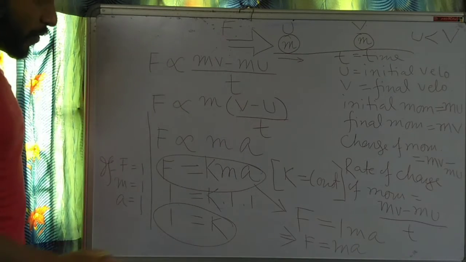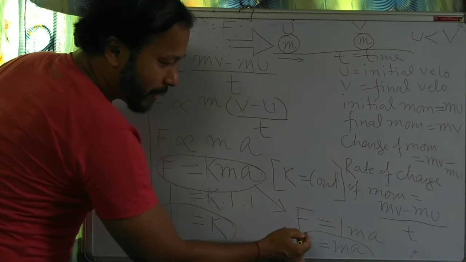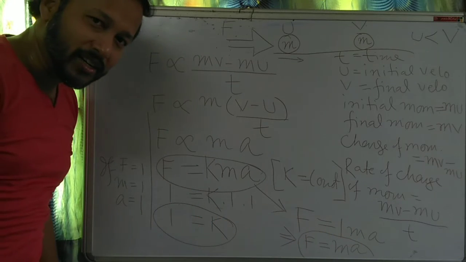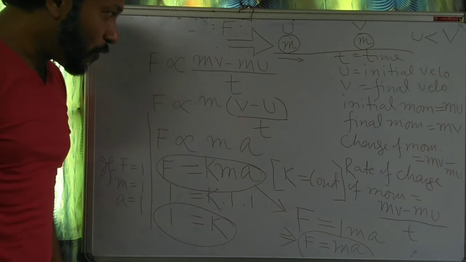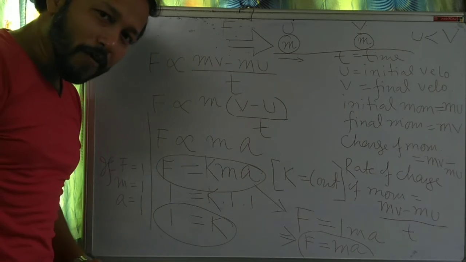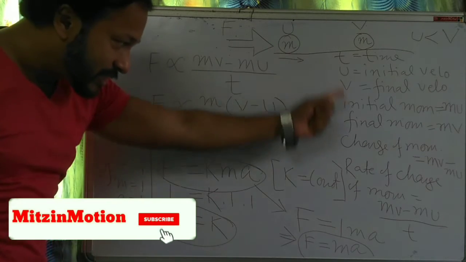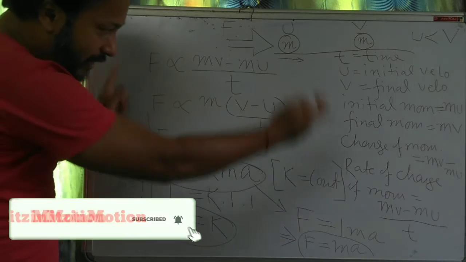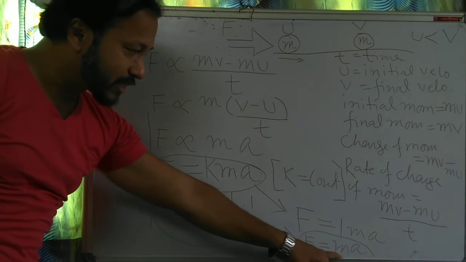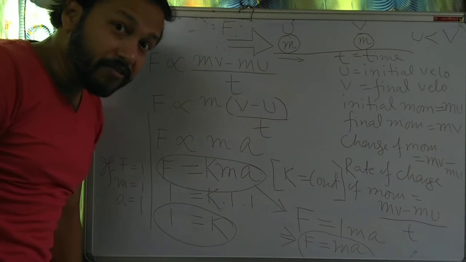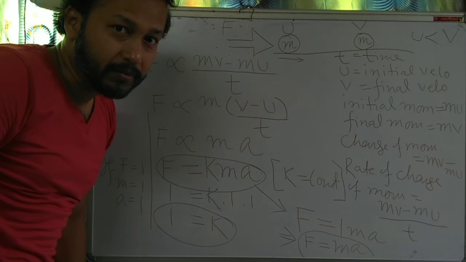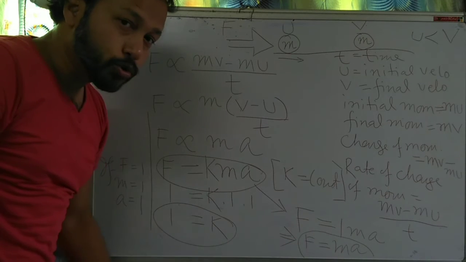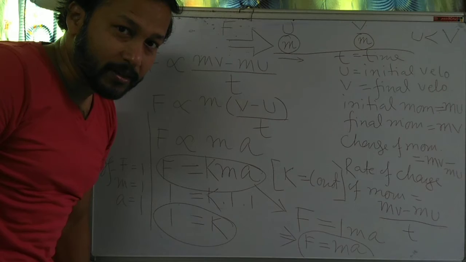So we got force equal to mass into acceleration. Got it? So by using Newton's second law of motion, this is the way of showing that force equal to mass into acceleration. It's a very important relation which is required to solve numericals in physics.